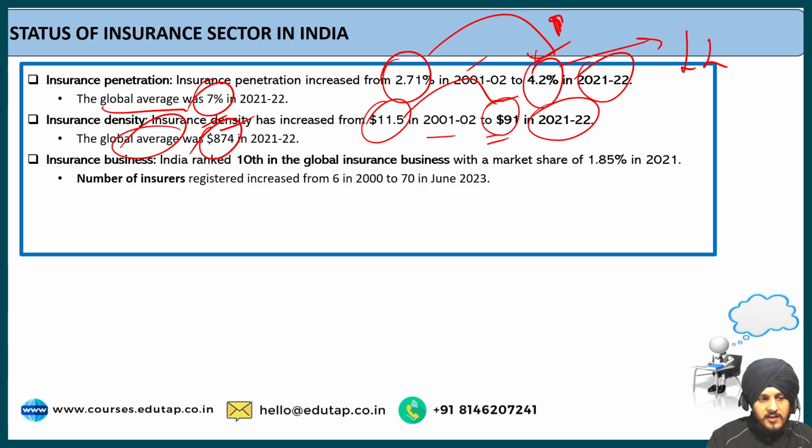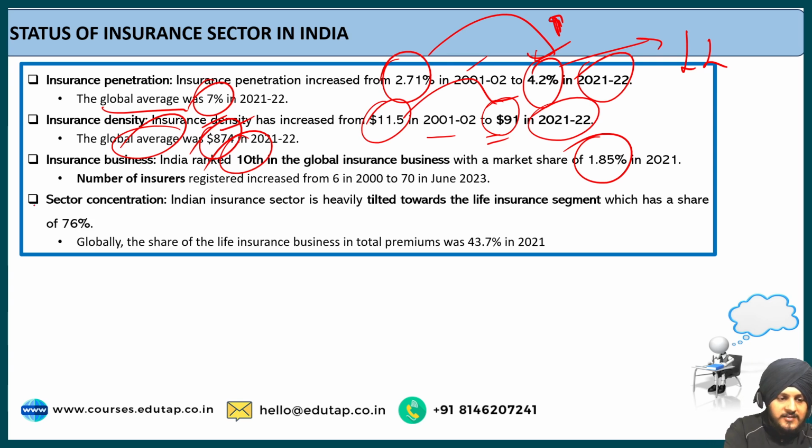So that is regarding the insurance density. The third is regarding India's rank in the global insurance business. We got the 10th rank, with a market share of 1.85% in 2021. So this is about the data regarding the ranking of India in the global insurance business.